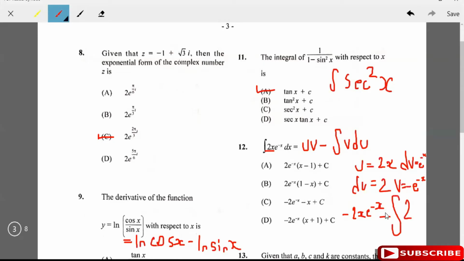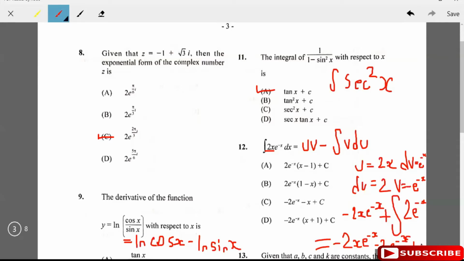Now this minus, I'm going to factorize it out and put a plus e to the minus x. And so this works out to be minus 2x e to the minus x. Now this part, when you integrate, you divide by minus 1, so it is minus 2e to the minus x plus some constant c.